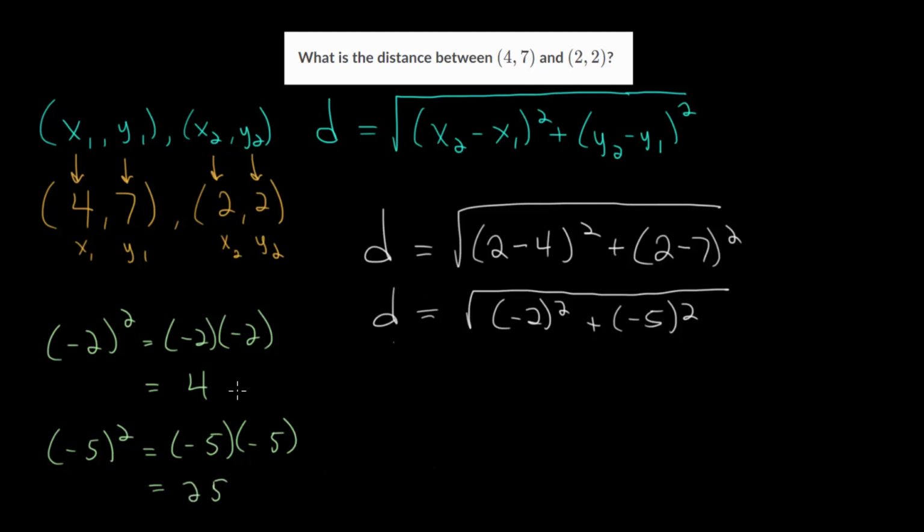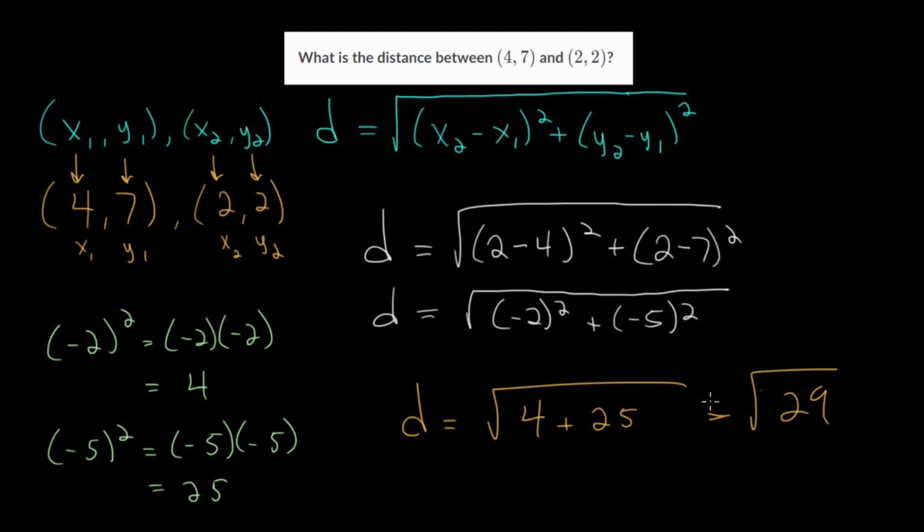So rewriting this formula now, we have that our distance is the square root. This is 4, and this is 25. So 4 plus 25, that's 29. So the square root of 29, though, this is an irrational number. Since notice that you can fit the square root of 29 between root 25 and root 36.